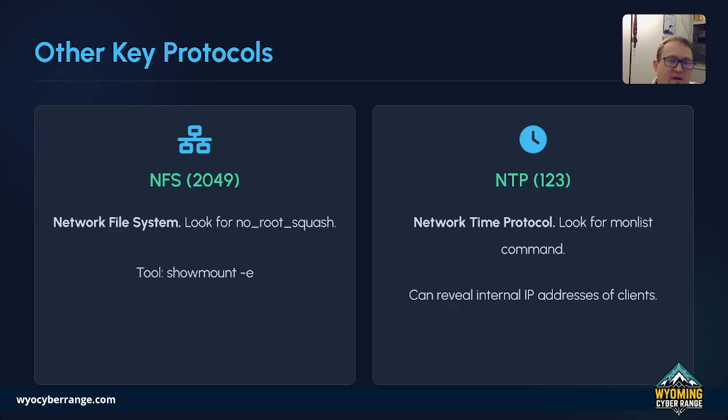Now, NTP, on the other hand, is all about the Network Time Protocol. NTP is easy as 1, 2, 3. Looking for the monlist command, it can actually leak the internal IP addresses of the last 600 clients that have connected to it.